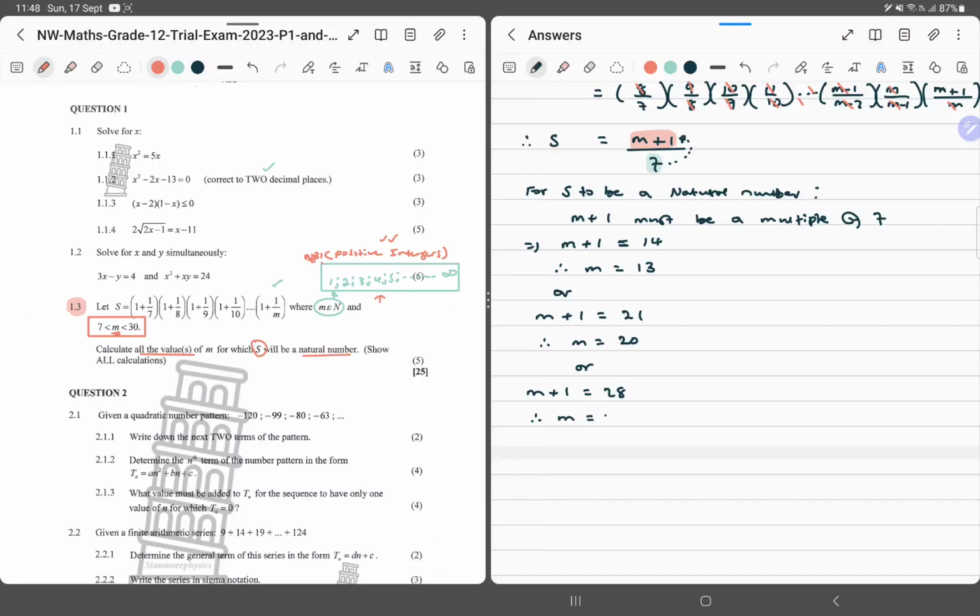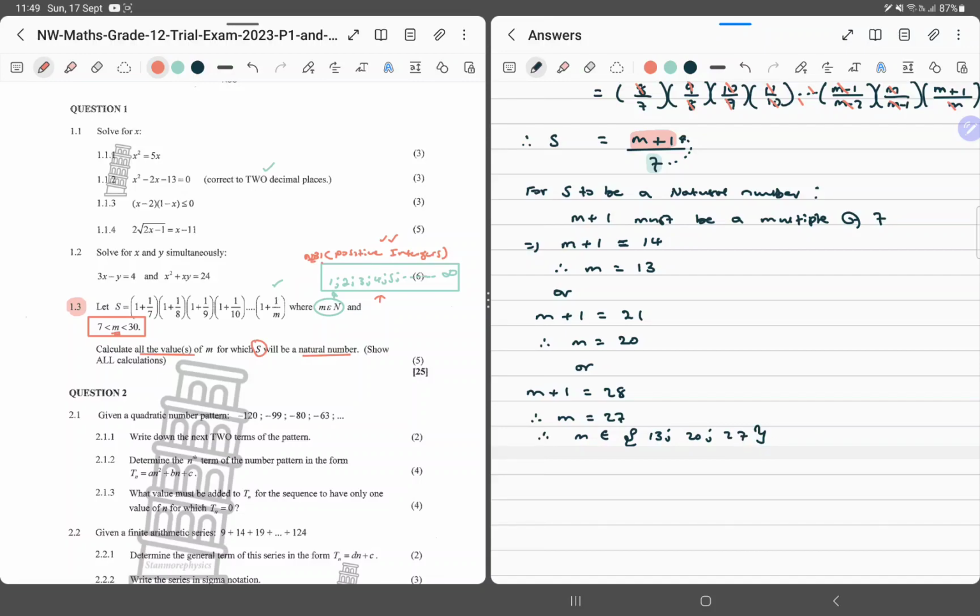Therefore, m is going to be 27. Now, we can't go to the next one, which is 35, because it's going to lead us to 34, and we're told m is less than 30. So what do we end up concluding? We know that m is an element of these ones. It's going to be 13, 20, and 27.